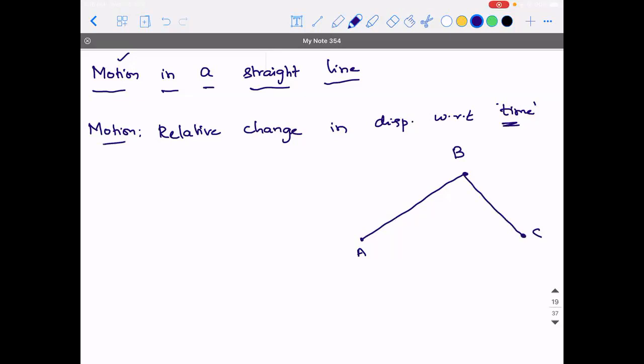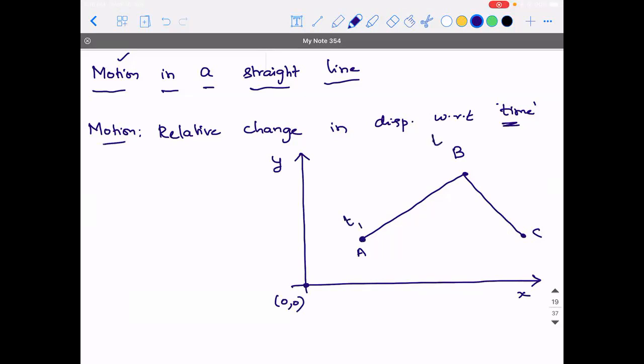We can take a reference section. If suppose this is moving in a two-dimensional plane, then I can take a two-dimensional surface where I will call the position where I stand and observe as origin. So with respect to origin, let's say you're observing the position of a person initially. Let's say this is at T1 and this is at T2 and this is at T3.